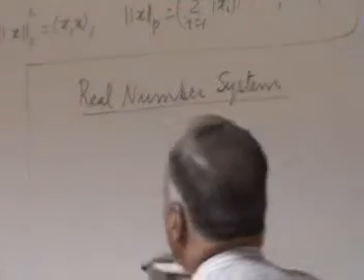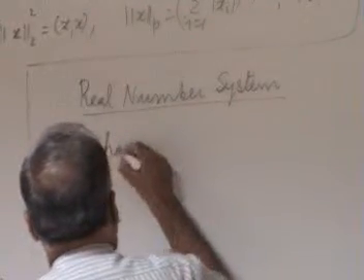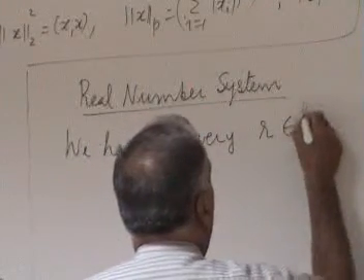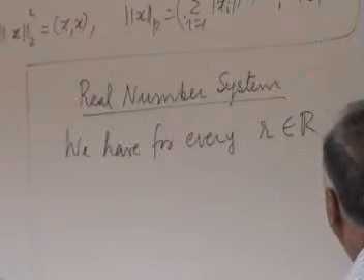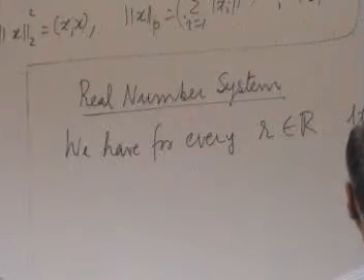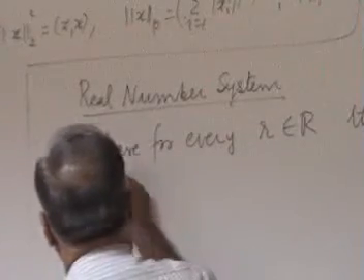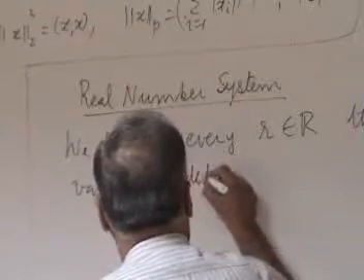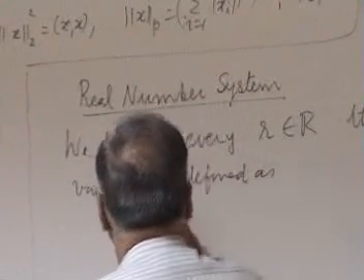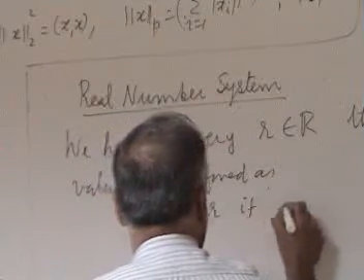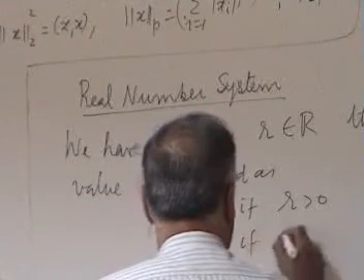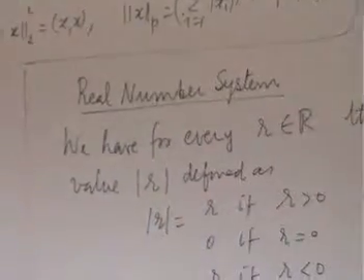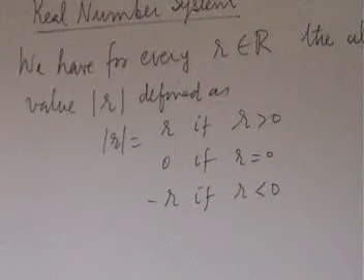So we have, for every r, the absolute value defined as: absolute r is equal to r if r is positive, 0 if r is 0, minus r if r is less than 0.